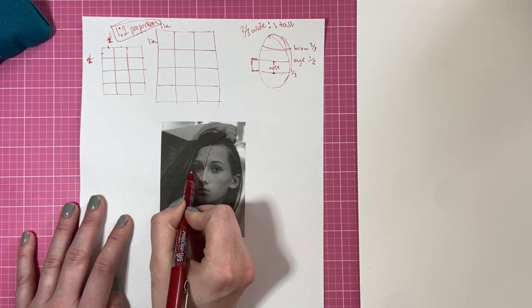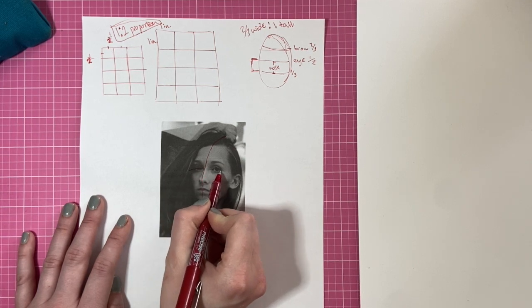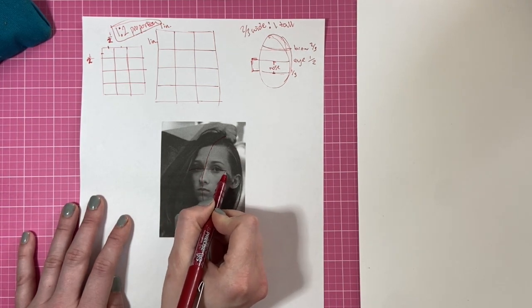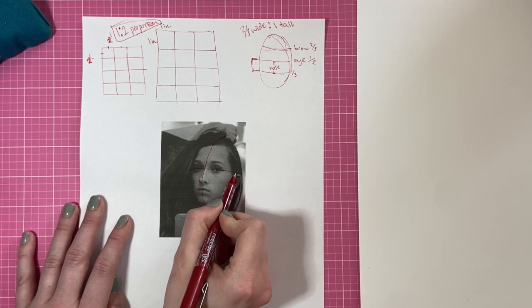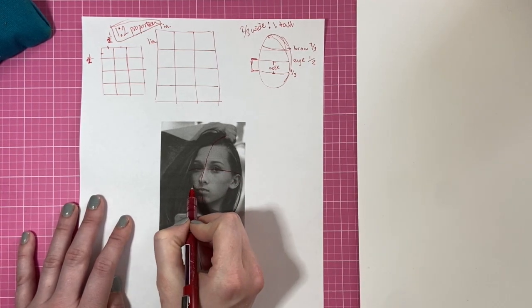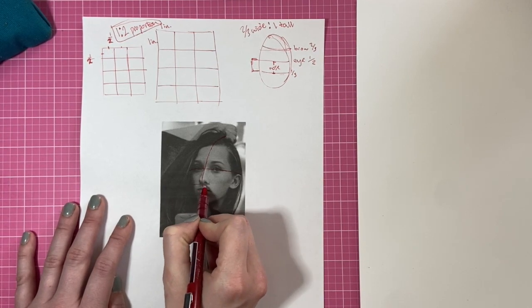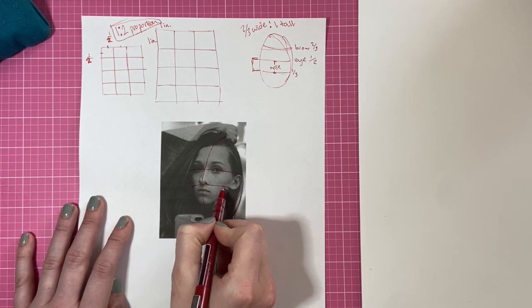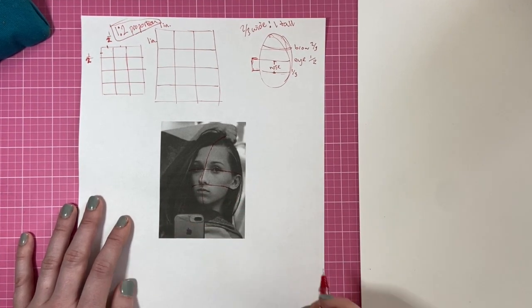So this line of her eye line, I'm going to cut straight through the center of her eyes, but then I'm going to follow the curve of her cheek down slightly to her ear. And then the nose, same thing, bottom of the nose, and curve slightly down to her ear.